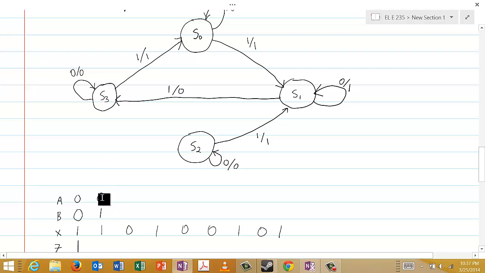Okay, now if we're in the 0, 1 state, which is S1, and the input is 1, what happens? Well, if we're in S1 and we get a 1 input, we will output a 0, as we can see right here. We'll go to S3, which is the 1, 1 state.